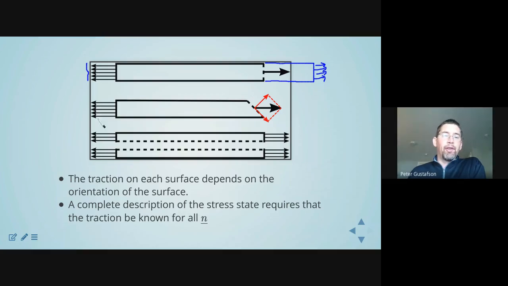Now, of course, the left-hand side of this has not changed. So what do we know? We know that the reaction force on our newly exposed surface is identical. So the length of this blue vector here and this vector here are identical. However, the surface up on top had a normal that was in the same direction as that vector.